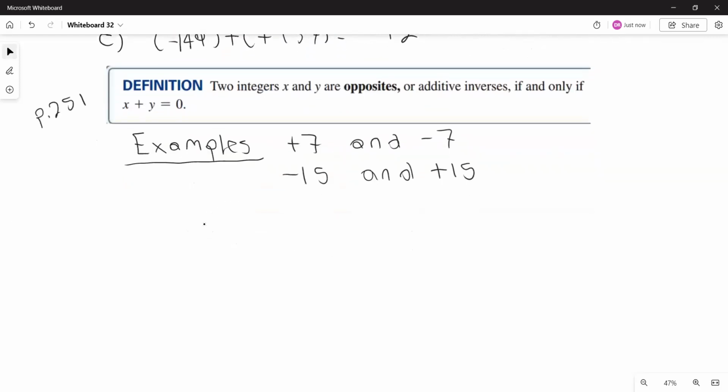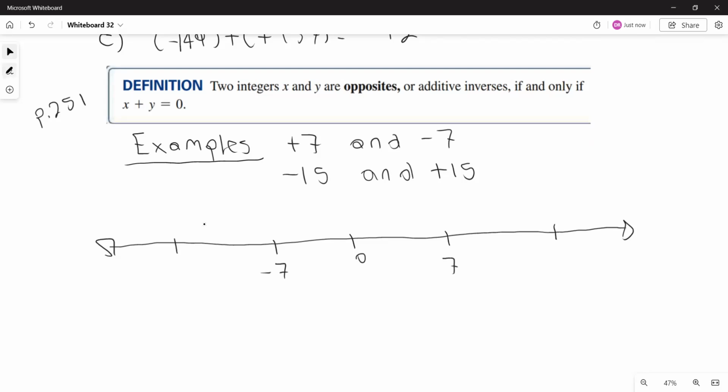So on a number line, they are going to be at the same distance from 0, but they are going to be on opposite sides. So -7 and 7 are going to be opposites. They are the same distance from 0, but on opposite sides. So these two are opposites.